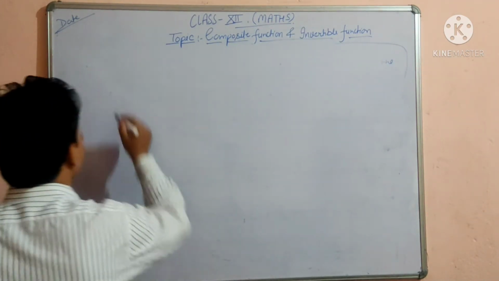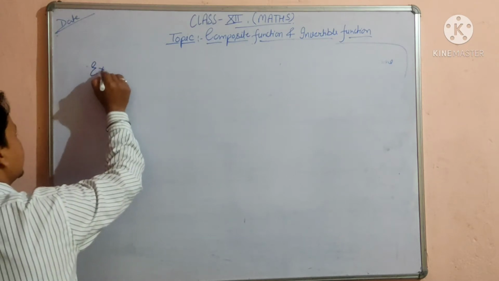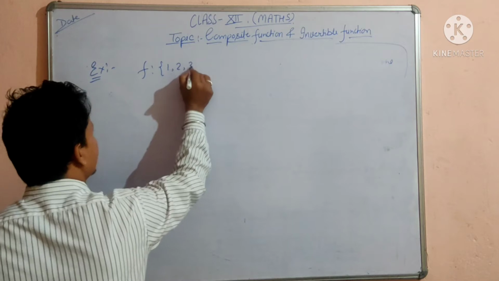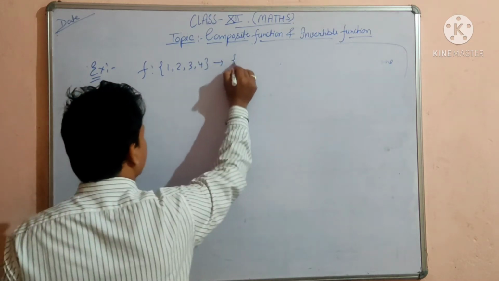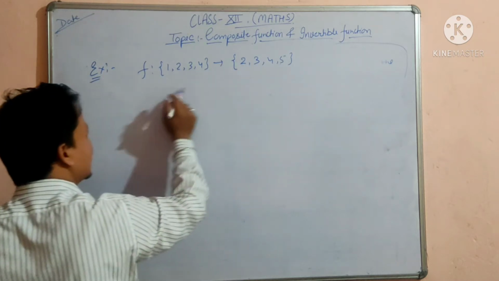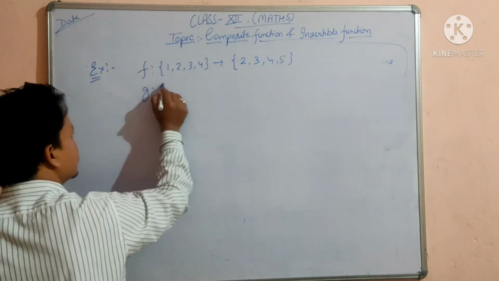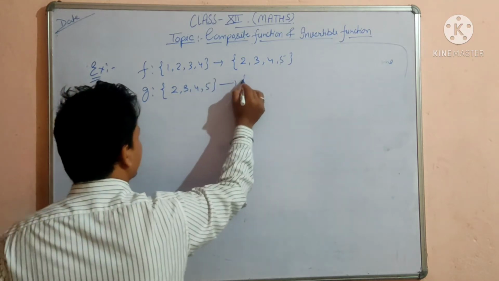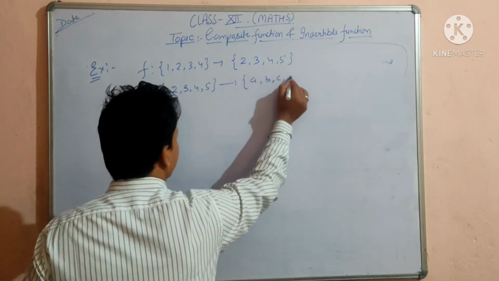Now see here, taking an example, suppose f is a function from 1, 2, 3, 4 to 2, 3, 4 and 5, and g is another function from 2, 3, 4, 5 to a, b, c and d.